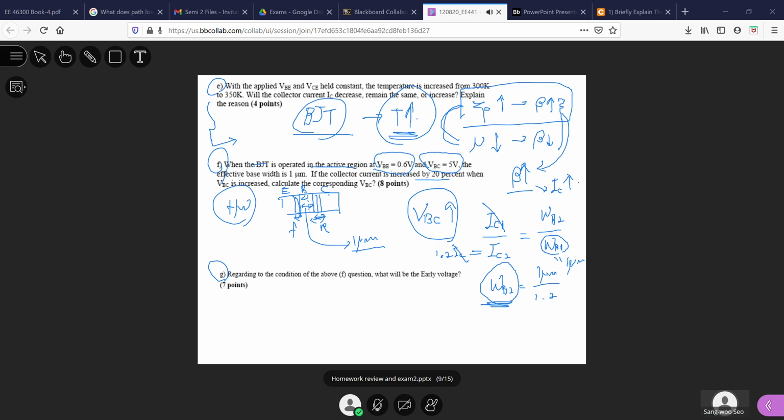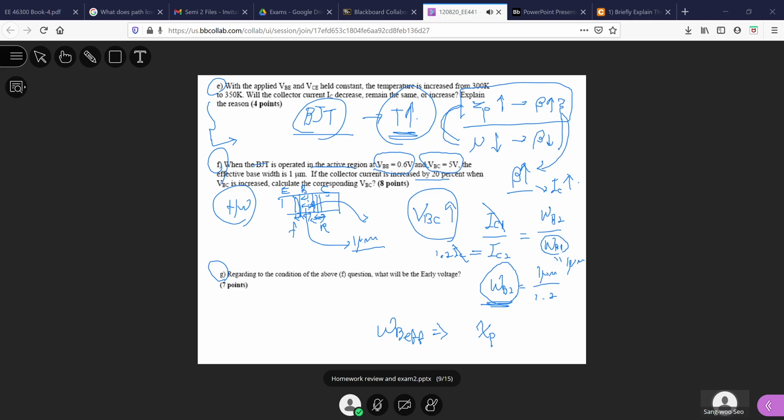In this case, as you can see, the effective base width is WB effective. This is related with the depletion change in the base and collector, and this change is related with the base side. The depletion width change, in our case the base is p-type.